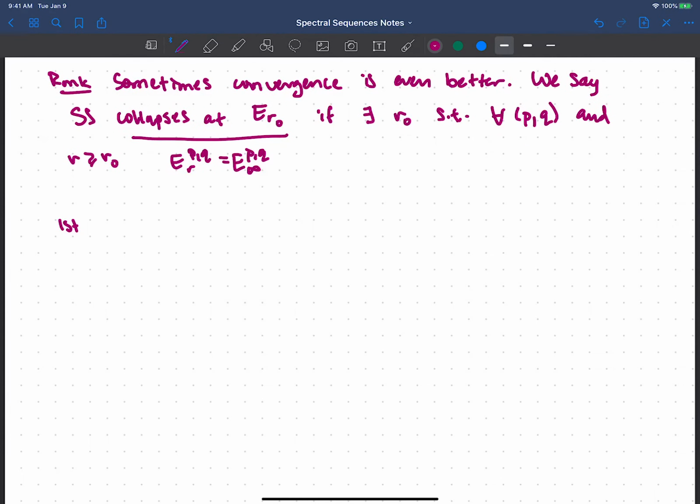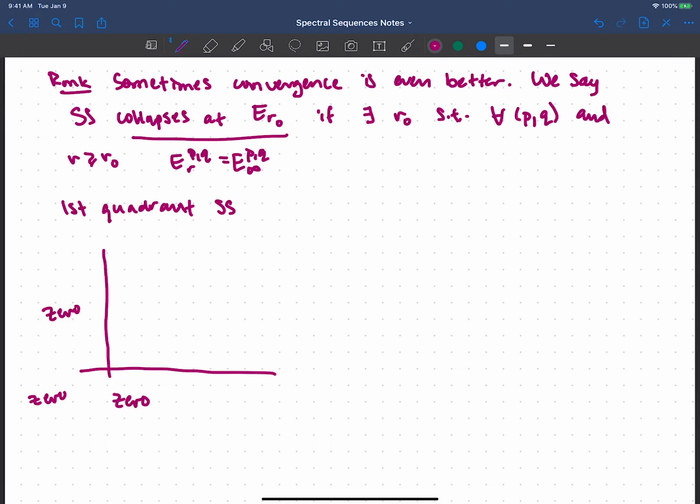Say I'm looking at some first quadrant spectral sequence. What's that going to look like? What I mean by a first quadrant spectral sequence is that I'm 0 everywhere outside the first quadrant, and then I have a bunch of abelian groups or R-modules.